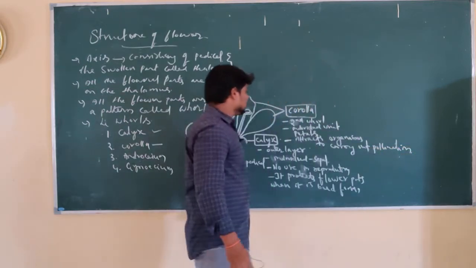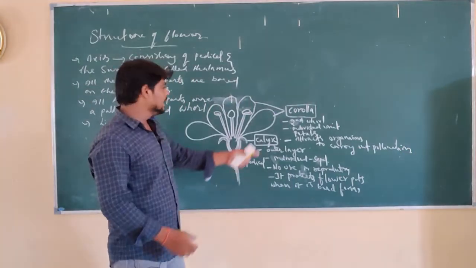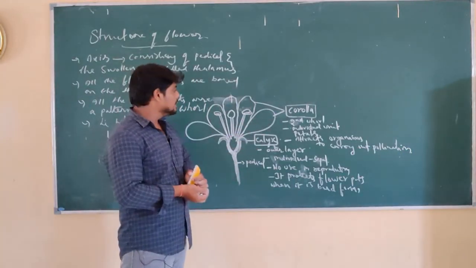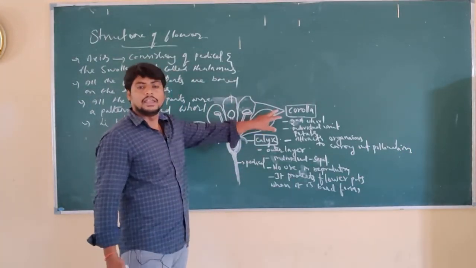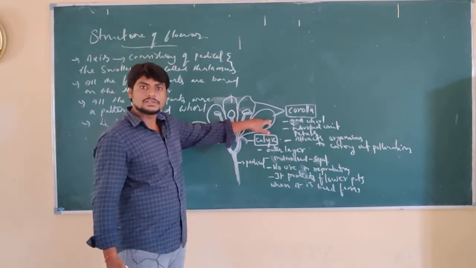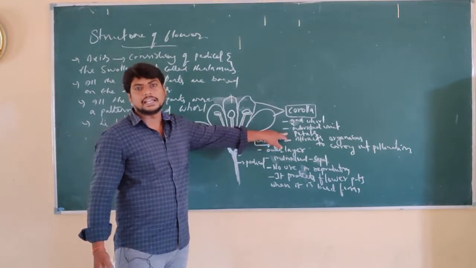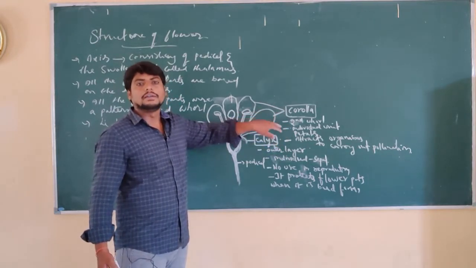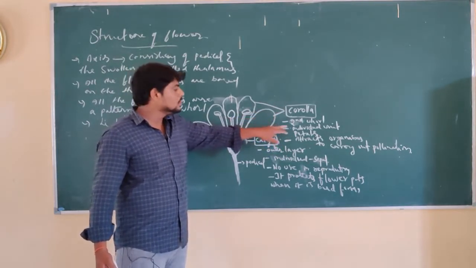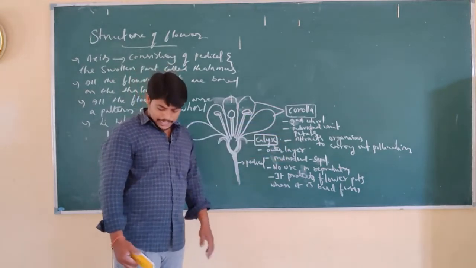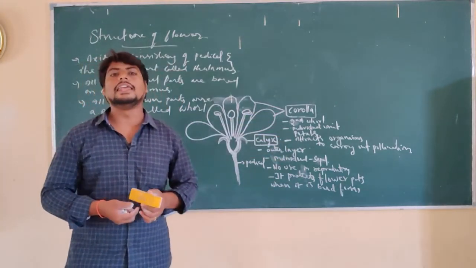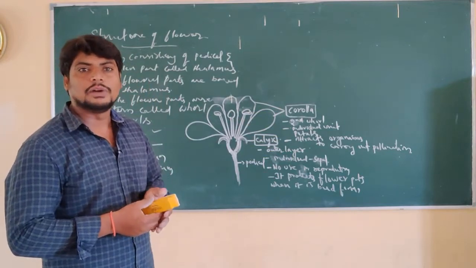That's the important function of the corolla. Understand? This is the second whorl. So the second whorl of the flower is corolla. Its individual unit is called as petals, and these are the brightest color and most attractive part of the flower, and usually they help to attract the organisms to carry out the pollination. Understand? That is what we have seen.